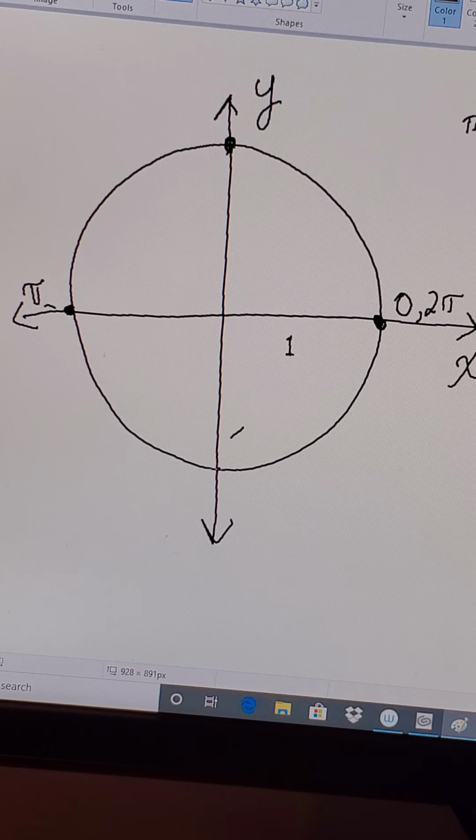Let's start with the 4 easy ones. I don't want you to think that you have to memorize these. If half of the circle is pi, you have to set your mind that pi is this semicircle. It would make sense that half of the semicircle is pi over 2. If you're thinking that it's a fourth, that's normal, because you're thinking that the whole circle is a full unit.